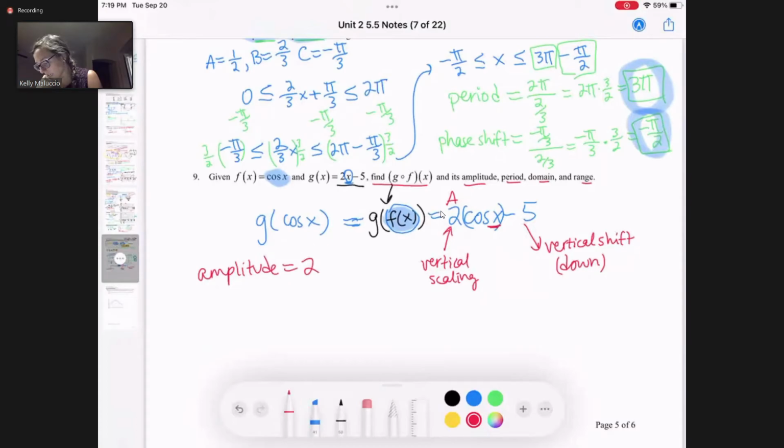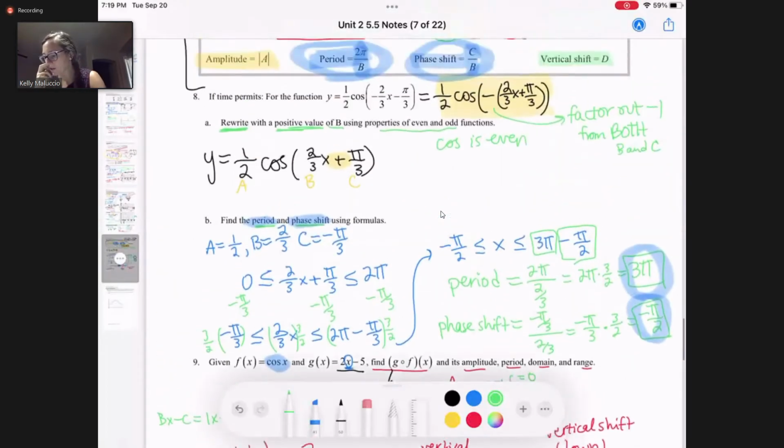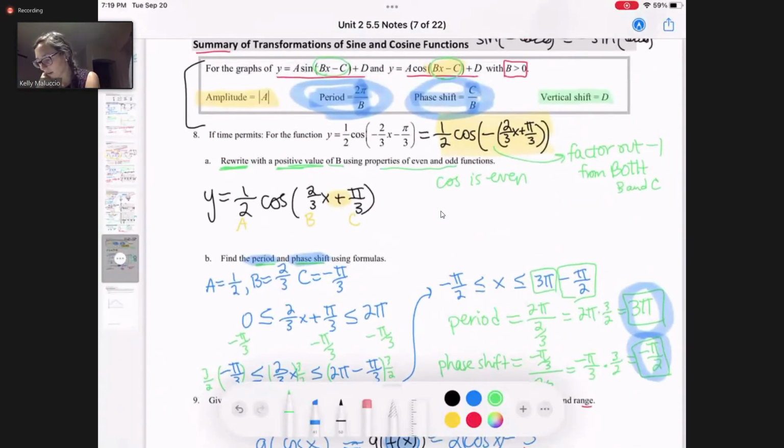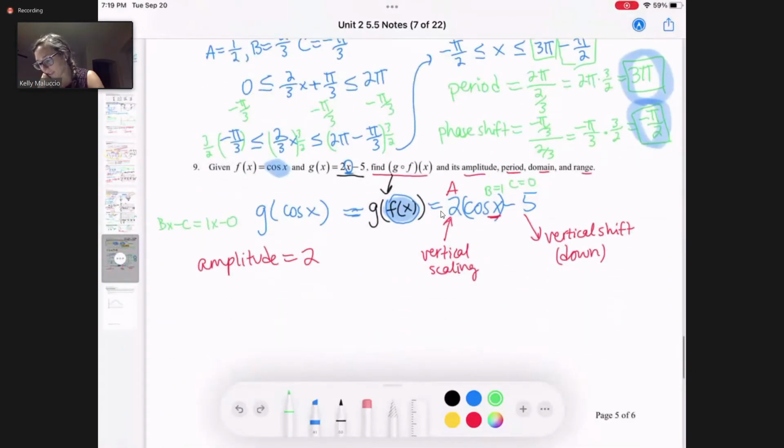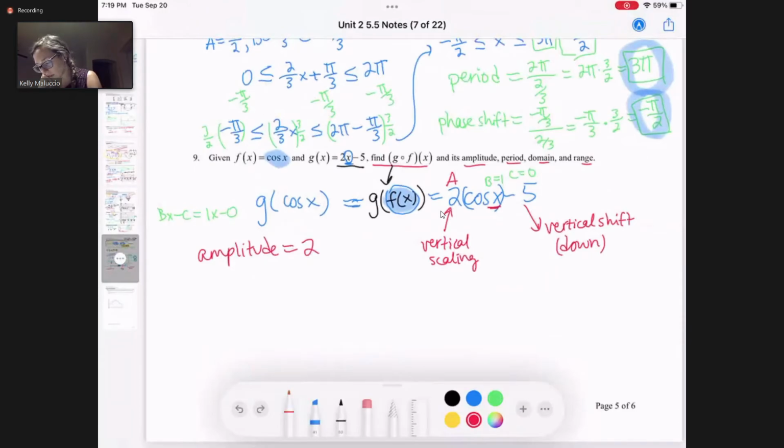Bx minus c, in this case, equals just 1x minus 0. So b equals 1, and c equals 0. So looking at this, my period, I have b equals 1. So my period's actually not changing. So my period is 2 pi.